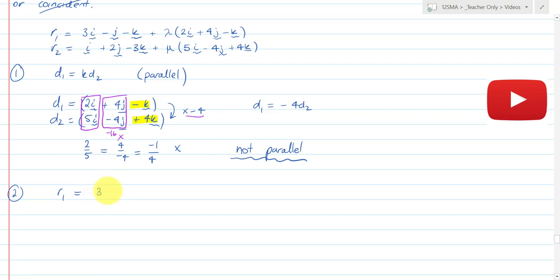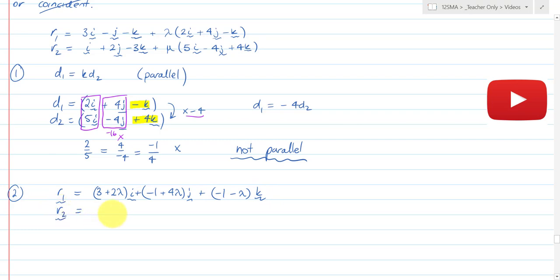So we get 3 plus 2 lambda I, and then we get negative 1 plus 4 lambda j, so I should put a little plus in here, and then we get plus negative 1 minus lambda k. I forget these little squiggly lines a lot too.